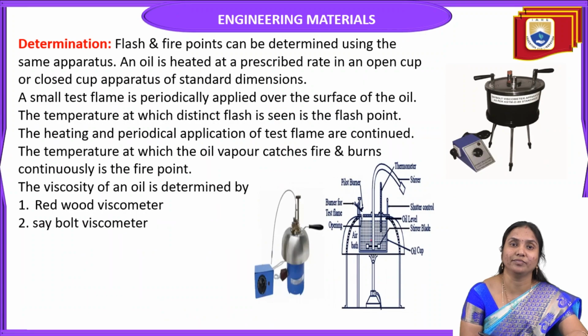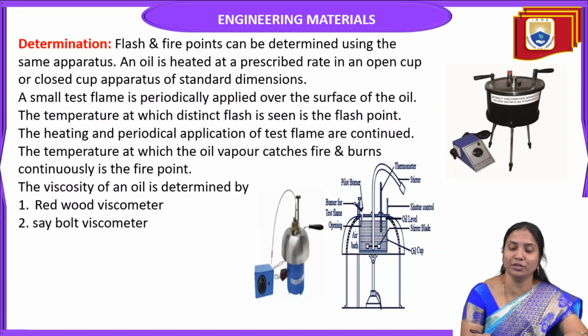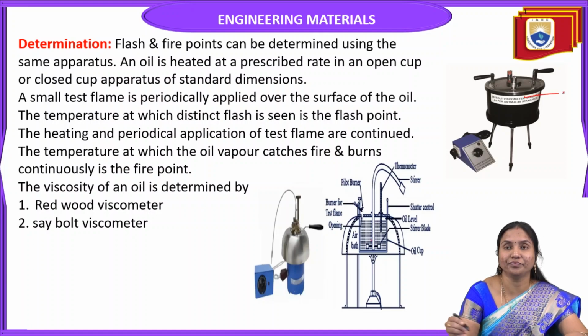How can we determine them? Here, for flash point and fire point determination, we use the same apparatus. An oil is heated at a prescribed rate in an open cup or closed cup.